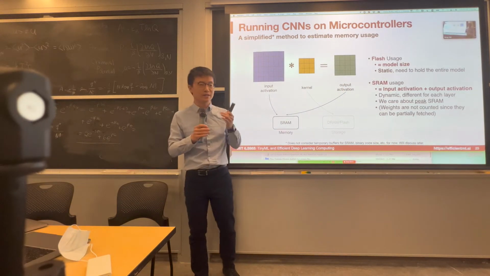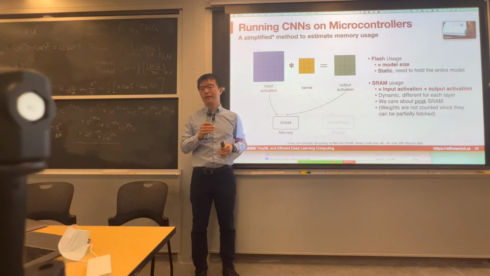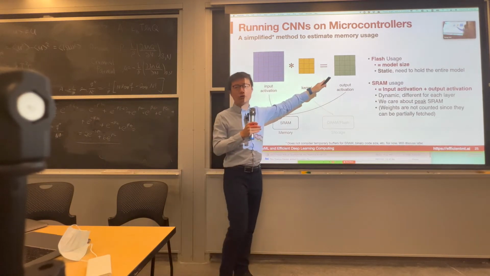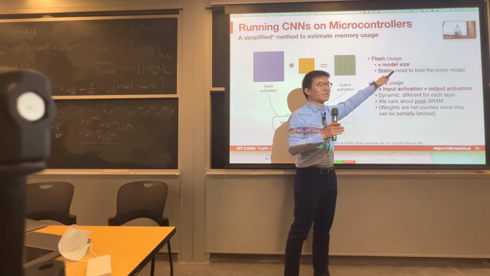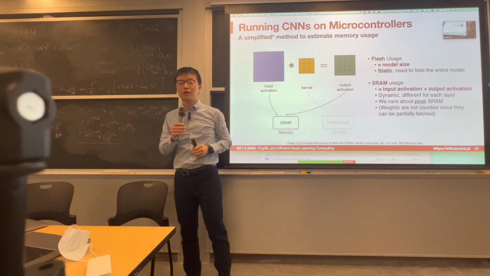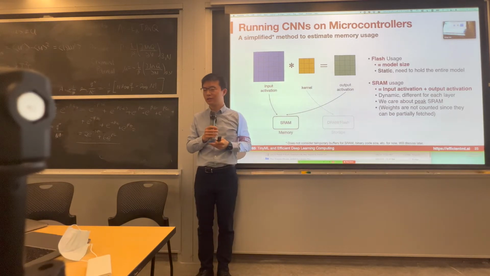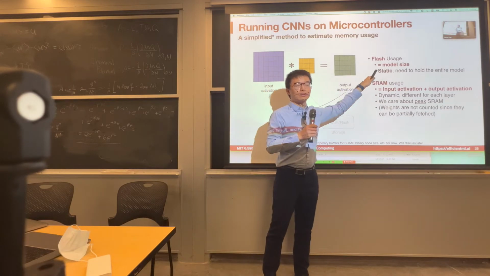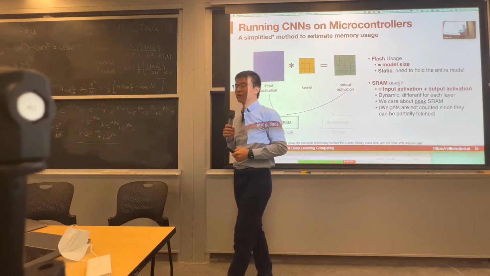If you have learned 6.144, you know that the code segment also takes some of the flash storage. For microcontrollers, this is non-negligible. So we have to be very careful about the code size of your model, for example by reducing the code segment with a compilation-based approach.